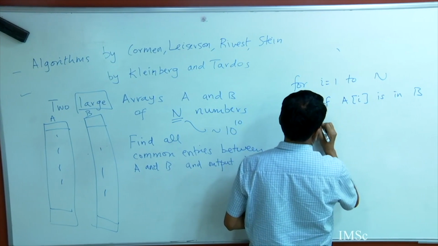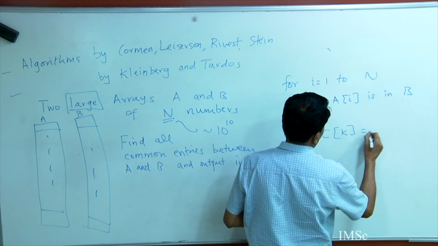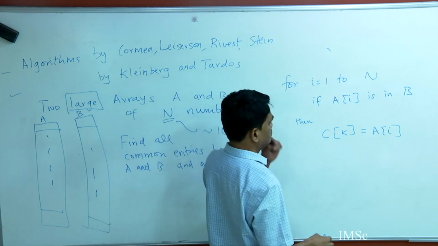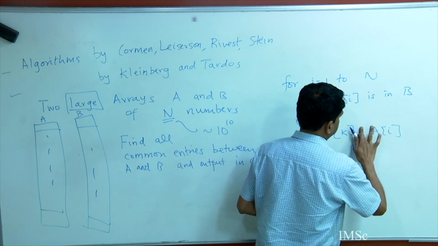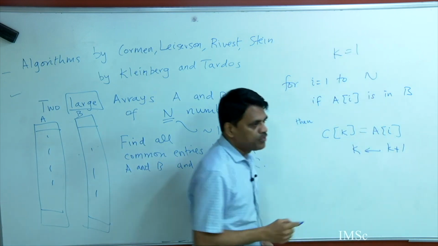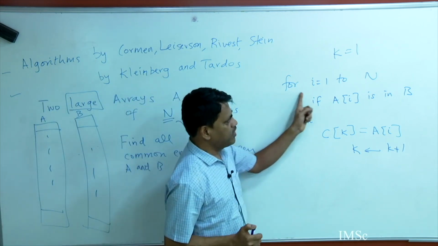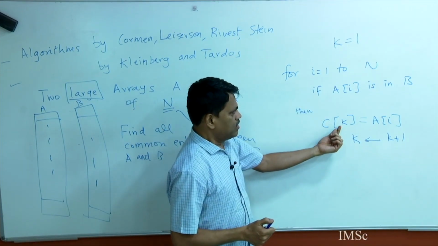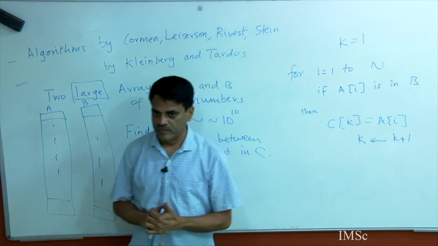Then something like C[k] would be A[i], and I'm going to increase k. Okay. So k is some output array index which is initialized to 1, and then for every entry i, if I find A[i] in B, then at the next available index in C, I put A[i] there and increase k. Okay.